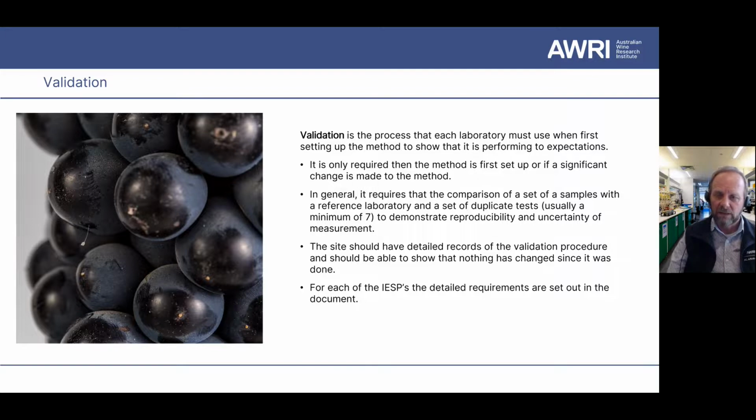The site should have detailed records of validation procedures and should be able to show that nothing has changed since this was done. Now, the details of each of these requirements for validation is outlined in the IESP for the given method.